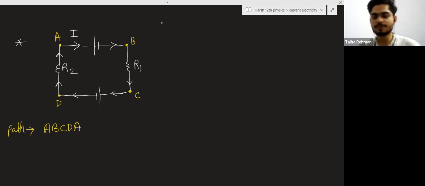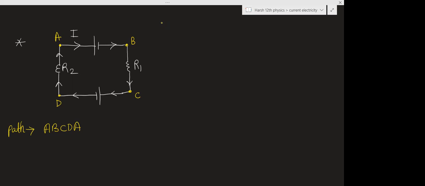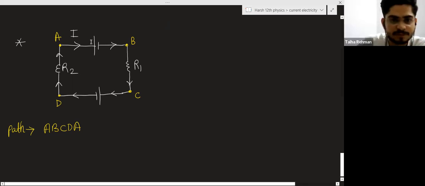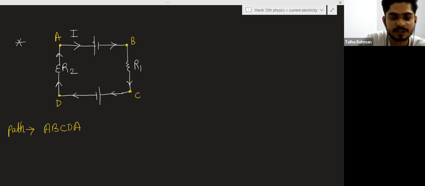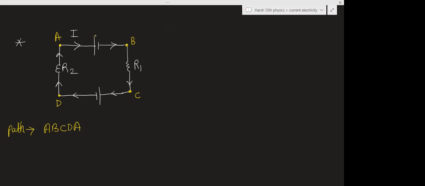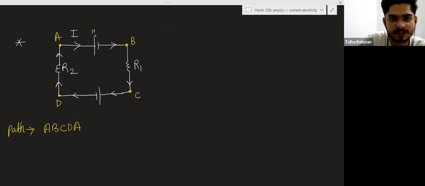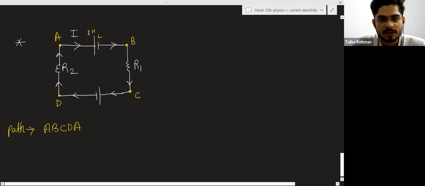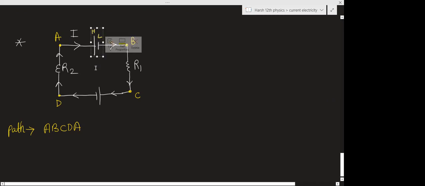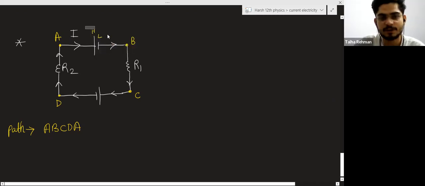So when I am moving from A to B, you can see here this is at the higher potential, this is at the lower potential. When you see this cell, there is only a cell here, no resistances.